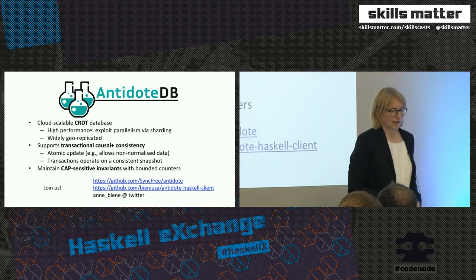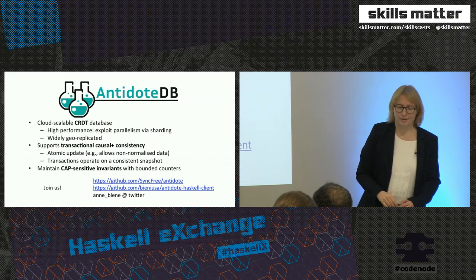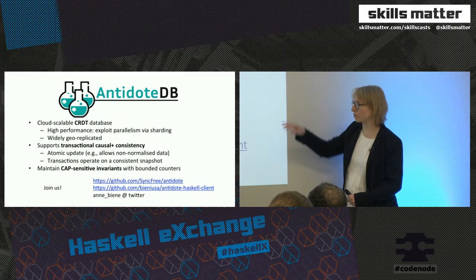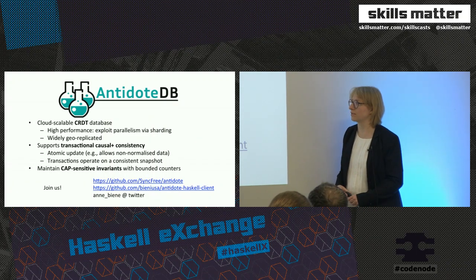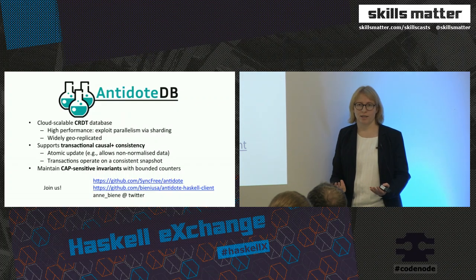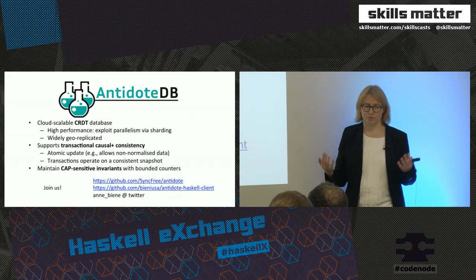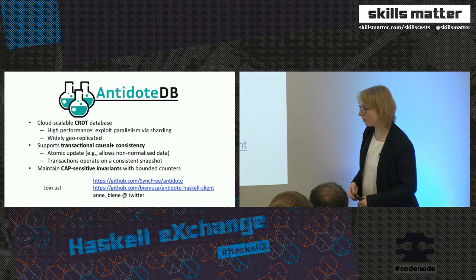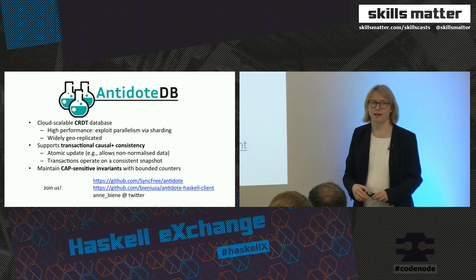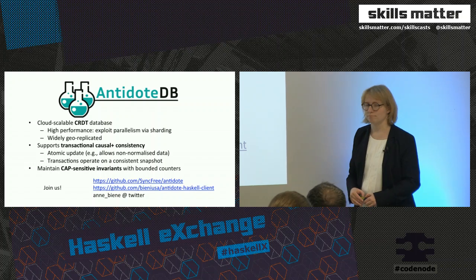We also have plans of integrating strongly consistent transactions, serializable transactions, in addition to these transactional causal plus consistency transactions in the future. It all depends on your application, right? So you have to really look at what you actually need for an application, and then you can be fast and safe. Thank you very much.